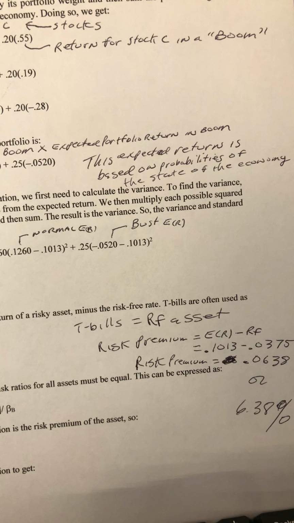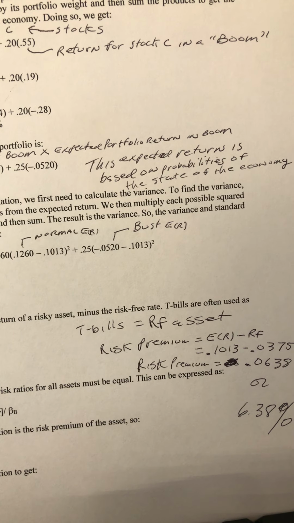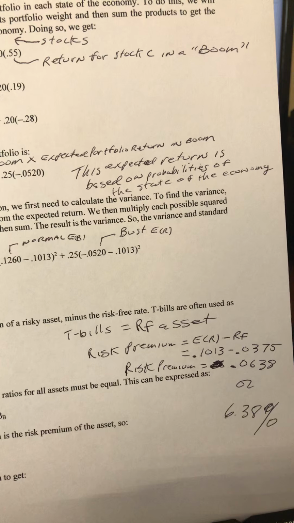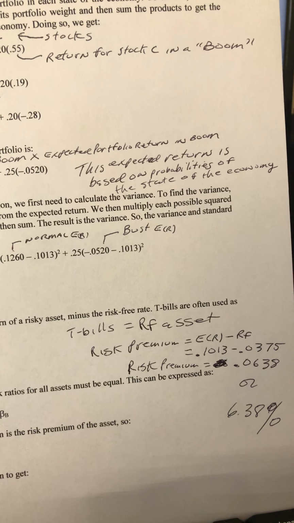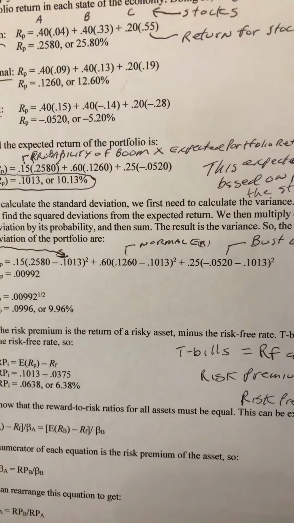You take 0.1013 and subtract from that 0.0375, and you get 0.0638 or 6.38%, and that is the risk premium.